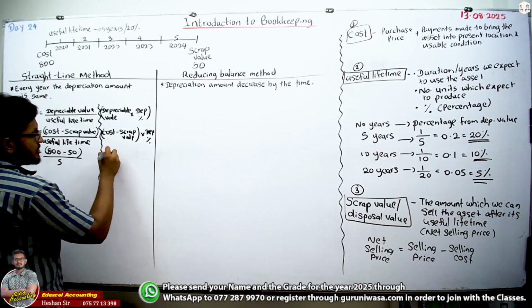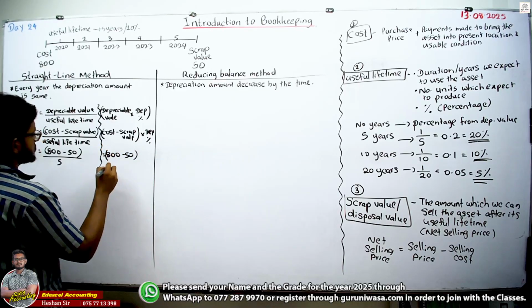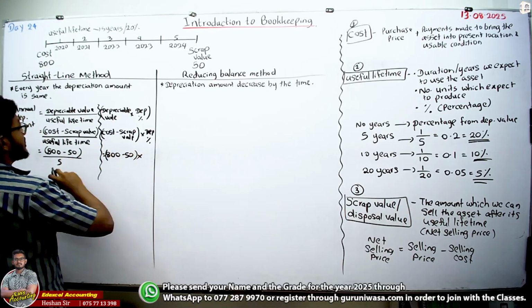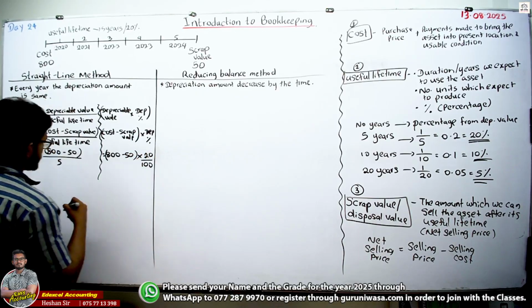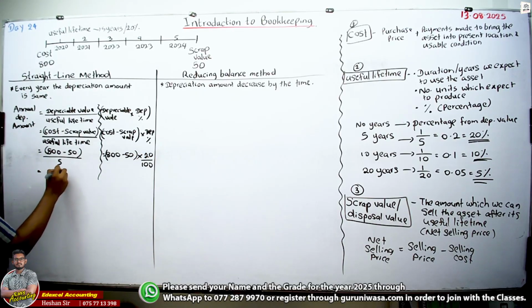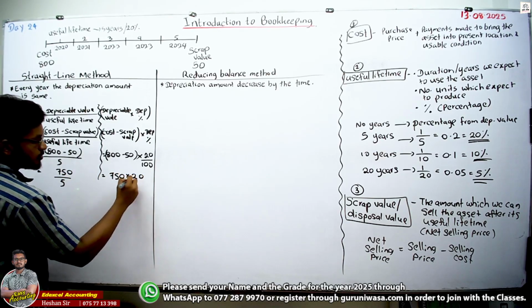I told you 5 years means 20%, so we should get the same value: 750 divided by 5, or 750 times 20 upon 100.